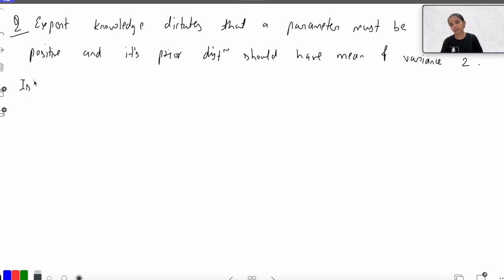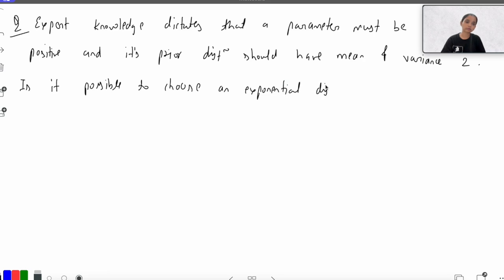Now they are asking, is it possible to choose an exponential distribution as a prior choice here? Okay, that's the question. Now let's see it.